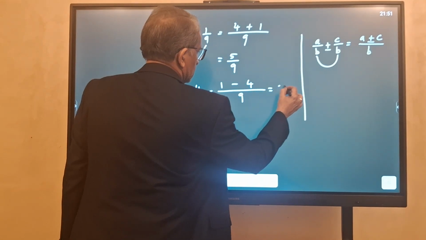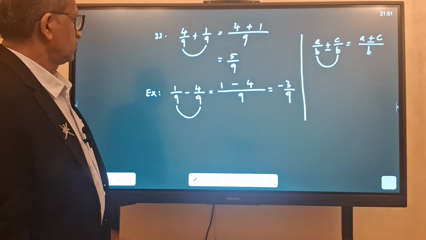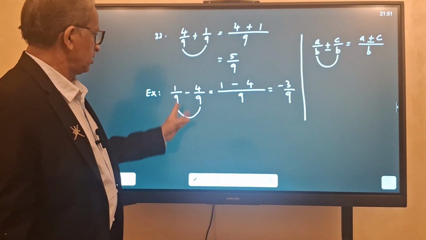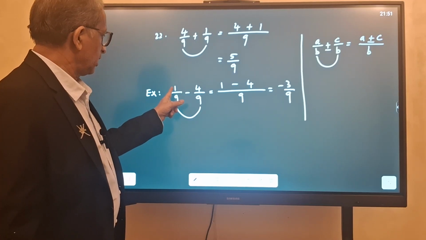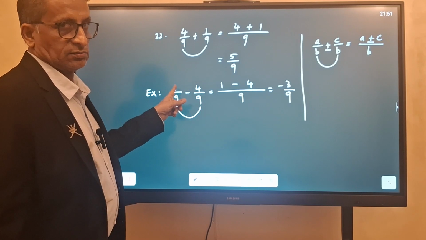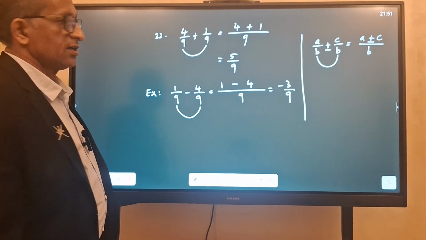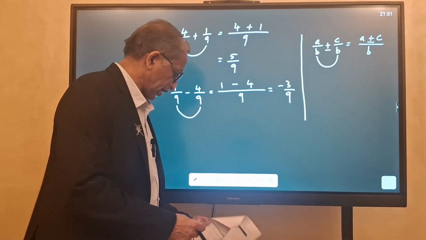So the answer is minus 3 by 9. So for this it is 5 by 9, for this it is minus 3 by 9. Be careful, 1 minus 4, not 4 minus 1. This is how we subtract two fractions and add two fractions.